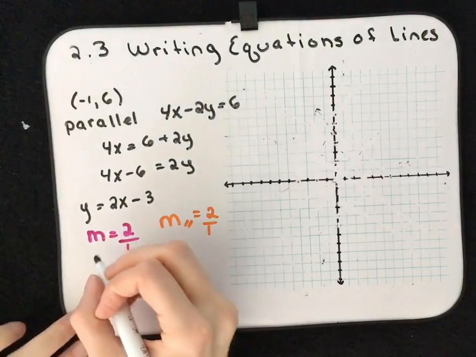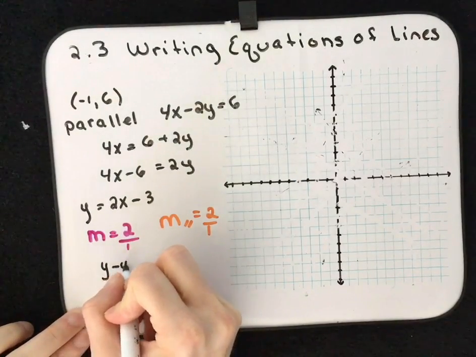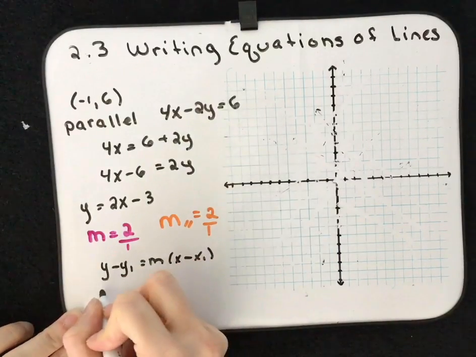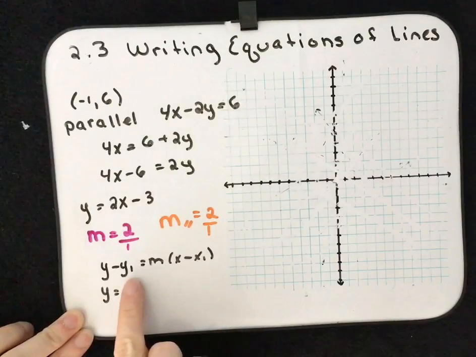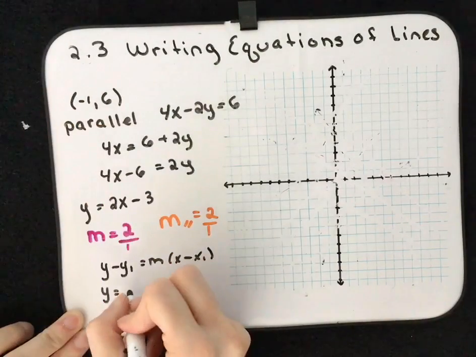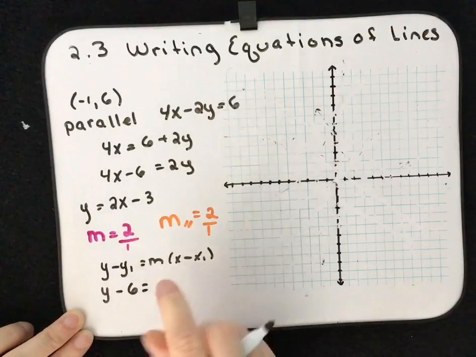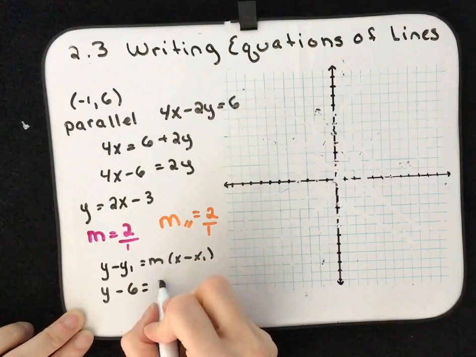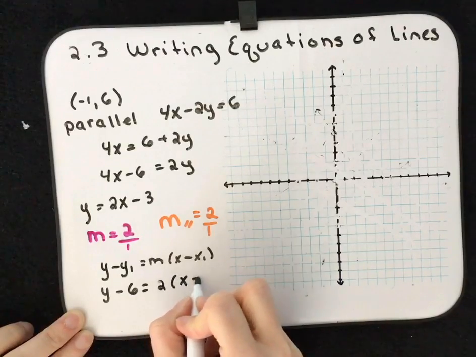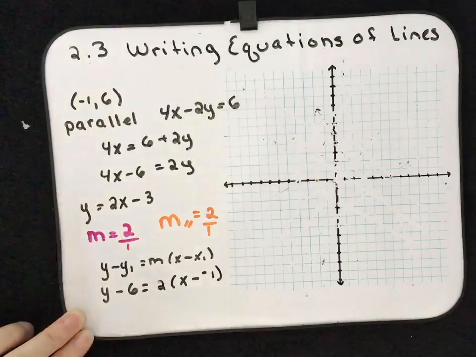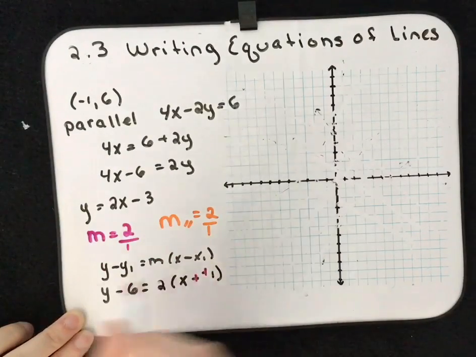So we can use our point slope form. So substituting in our points, y1 would be 6. Our slope is 2. Our x minus x1, well, x1 in this case is negative 1. So minus negative 1 is going to become, add the opposite, so positive.